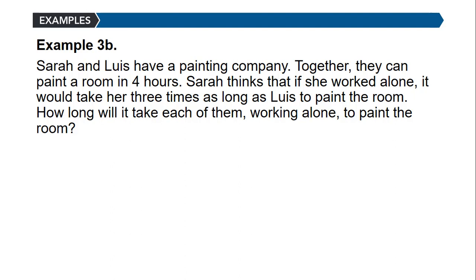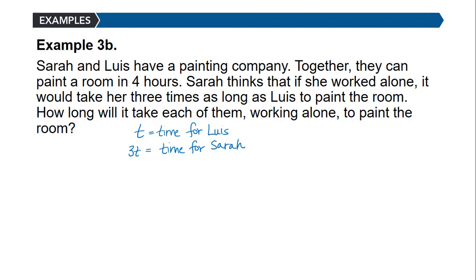It says that Sarah thinks that if she worked alone, it would take her 3 times as long as Lewis to paint the room. So if T is the time for Lewis to paint the room, then Sarah's time is going to be 3 times that, which is 3T. We know that when we add the rates of each person, we'll get the rate of them working together.